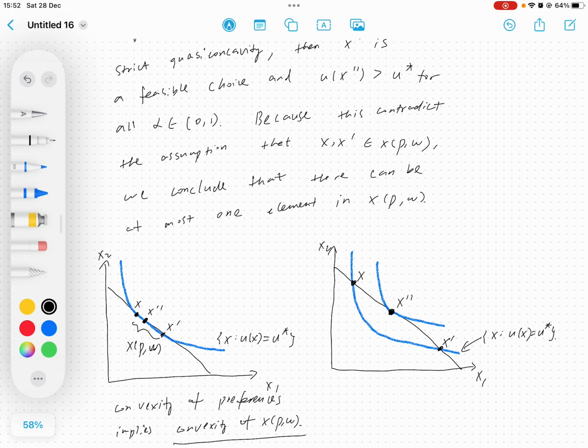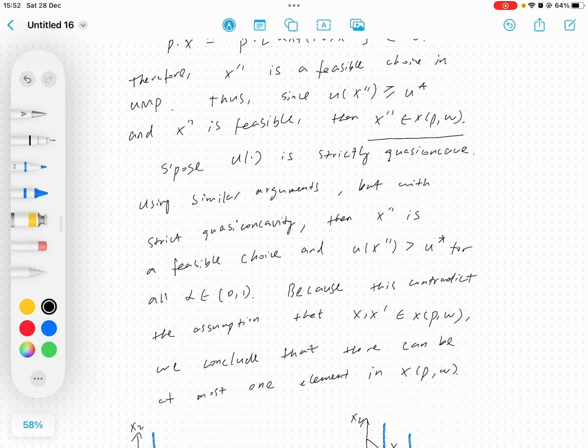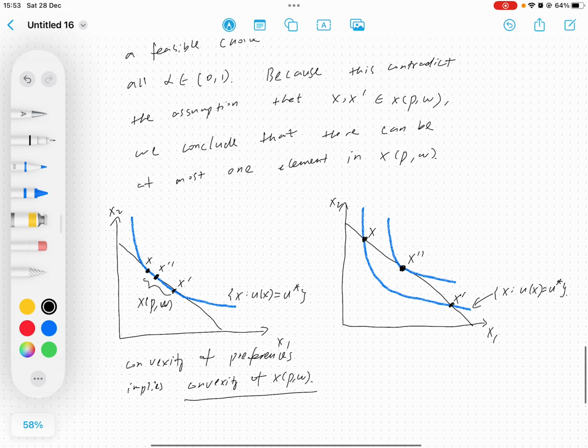So this violates the assumption that x and x prime are optimal. Then we conclude that there can be at most one element in the set X. If we simply shift this blue indifference curve upwards, then this would be the solution, and that would be the positive example, or the correct version of this statement. Okay, good.